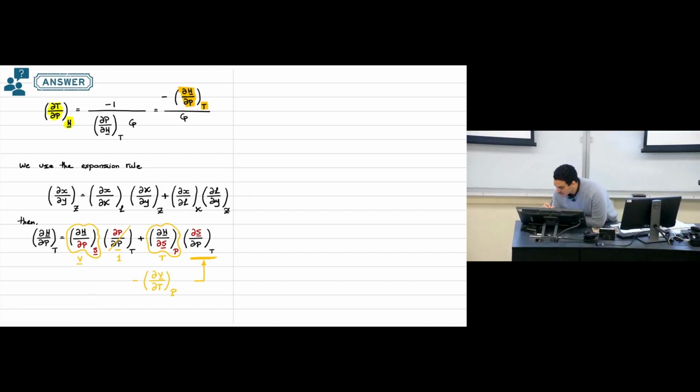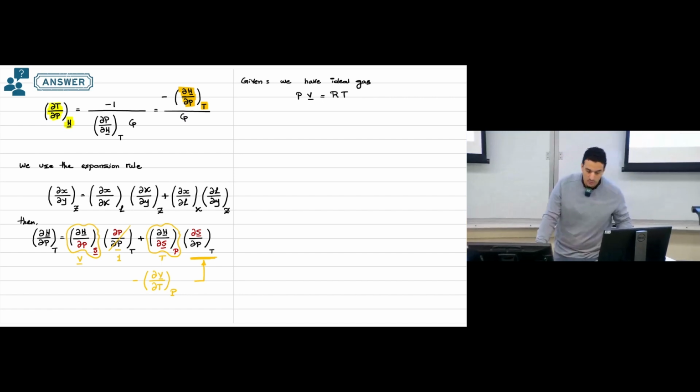So in the problem it's given that we have an ideal gas. This means we have PV equals RT, right? This is the equation of state that we can use.